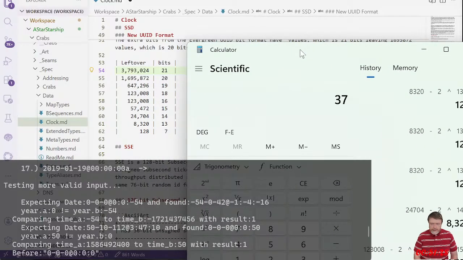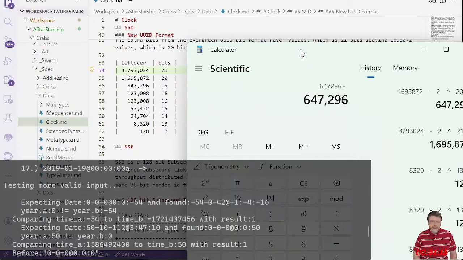So I can take 3793024 minus 2 to the 21st. Minus 2 to the 20th. Minus 2 to the 19th. Minus 2 to the 18th.